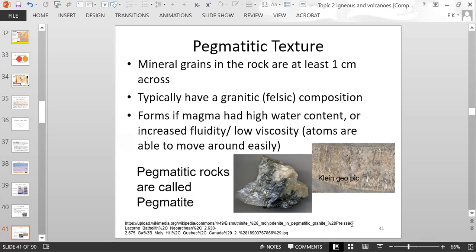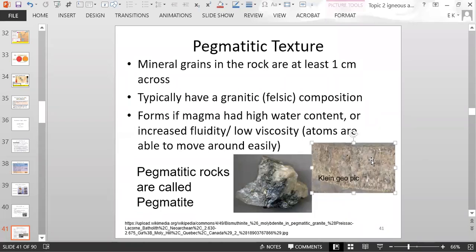So here's an example of a pegmatite rock where the crystals are quite large. So this white piece here, this whole thing is a crystal. Then you have this grayish piece in the middle, that's another crystal. And then this piece on the left is another crystal. So these crystals are quite large.